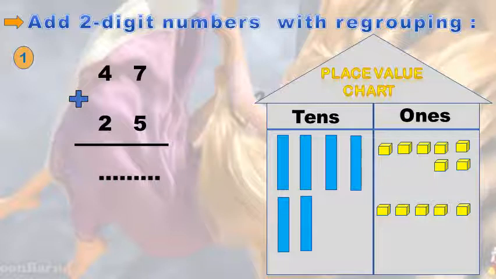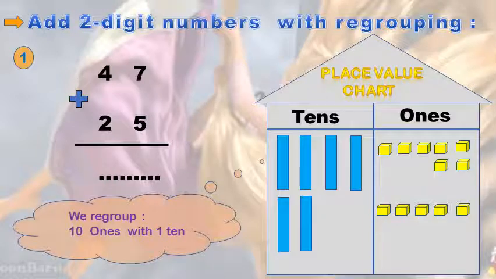We are going to do what? We are going to regroup the ones to the tens because we have only 2 digits here, ones and tens. We are going to regroup 10 ones by 1 ten, or replace the 10 ones by 1 ten. How?